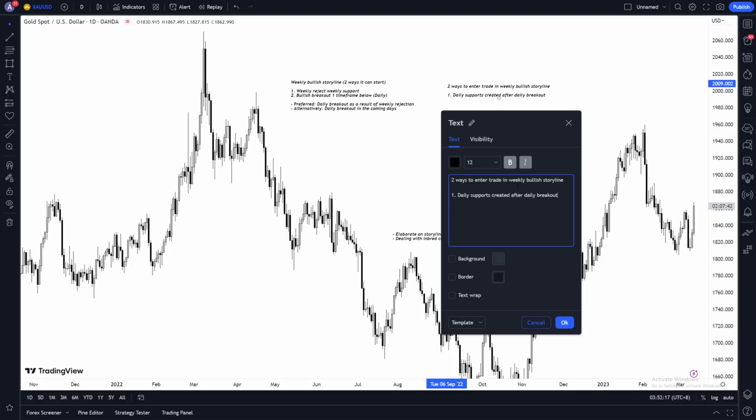Okay. That daily breakout will create new supports to form. Let me say that again. Weekly reject weekly. Avi, how do I know it's weekly bullish storyline? I'll tell you. Weekly reject weekly. Daily does a breakout, either as a result of the weekly reject weekly or the alternative way, which is in the process of the second, third week. Okay, so again, weekly reject weekly, daily bullish breakout.